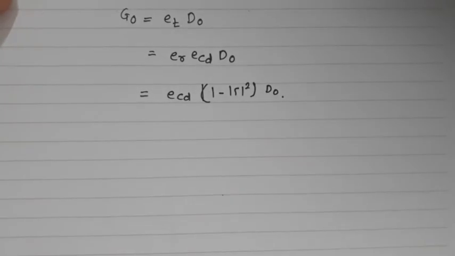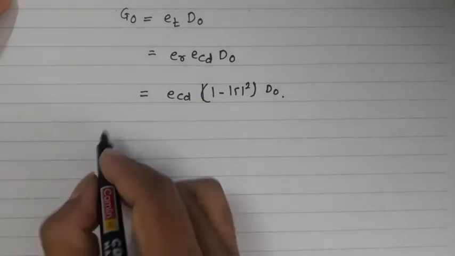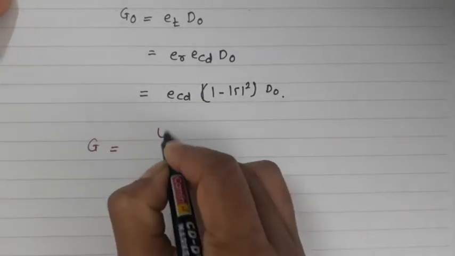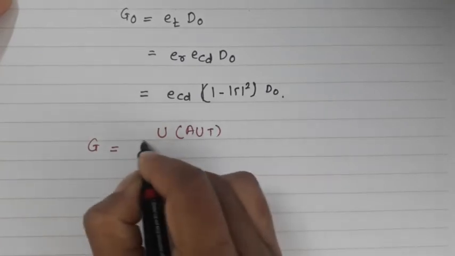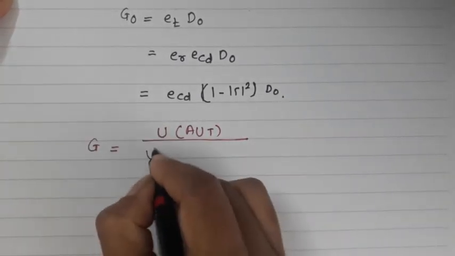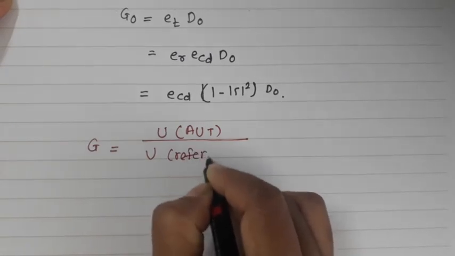Now gain can be measured by comparing the radiation intensity of the antenna under test with the reference antenna. If you are interested in the gain of any antenna, it will be the intensity of that particular antenna compared with the reference antenna.